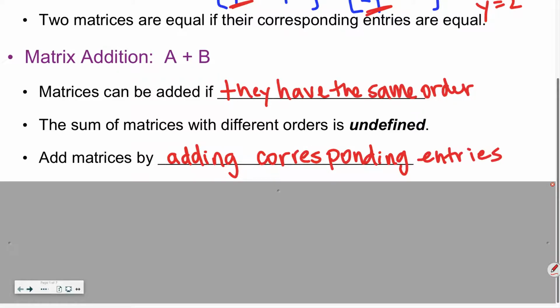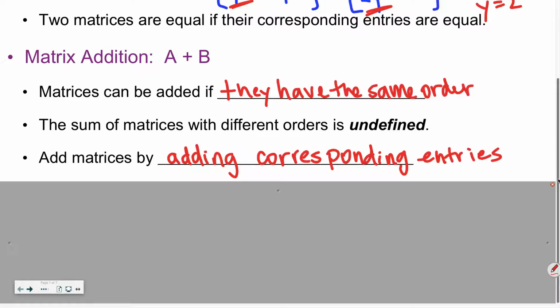It's beautifully said. Okay. So the first row entries are going to be added with the first row entries. Second row entries added with the second row entries. Okay. So on and so forth. Okay. Subtraction is going to be similar. I mean, subtracting is kind of like adding the negative value. Okay. So subtraction, we're going to cover the same rules.